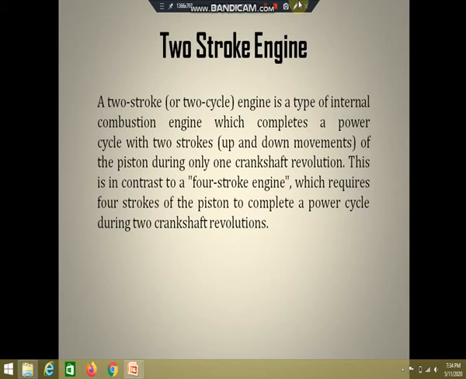So what is a two-stroke engine? A two-stroke engine is defined as the engine in which suction, compression, power, and exhaust, all the processes, are completed within two strokes, or you can say one complete revolution of the crankshaft.